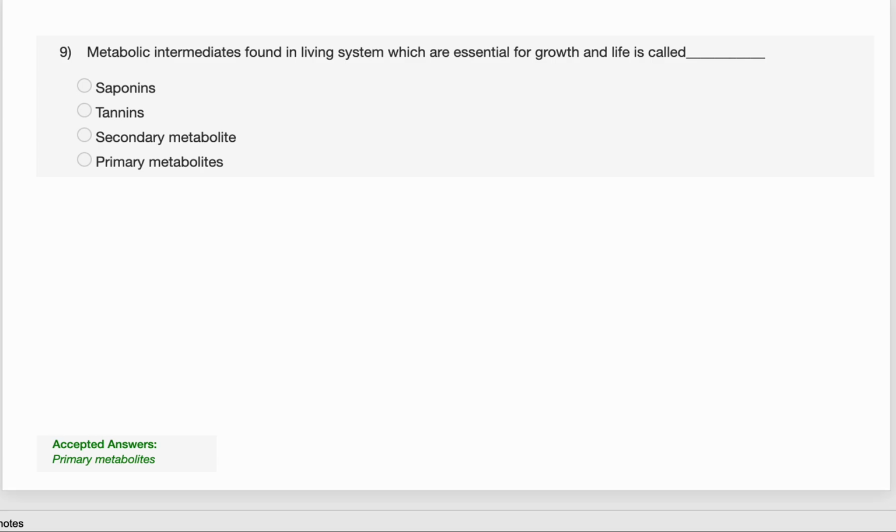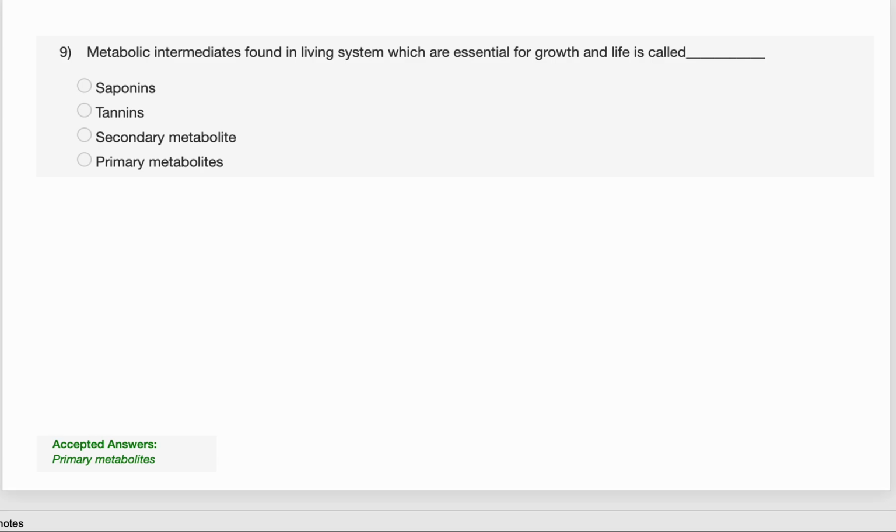The next question was, metabolic intermediates found in living systems which are essential for growth and life are called. So the keyword here being essential for growth and life. The correct answer given was primary metabolites.